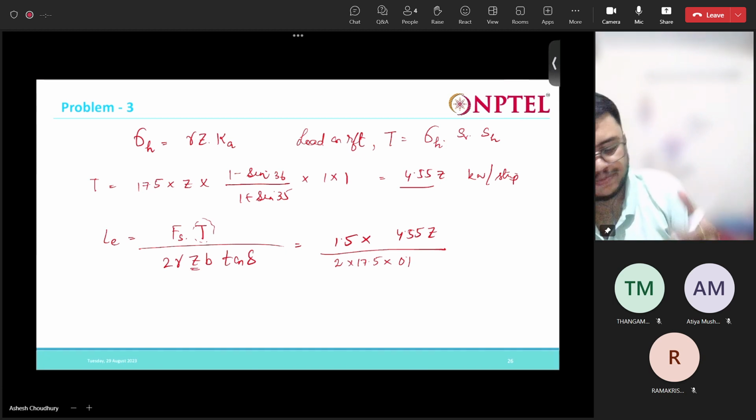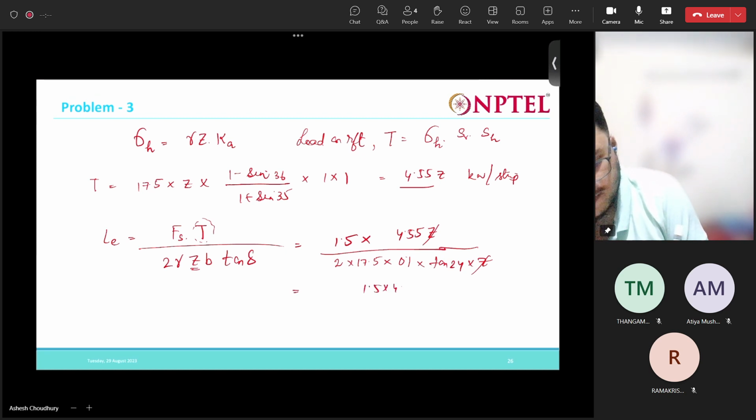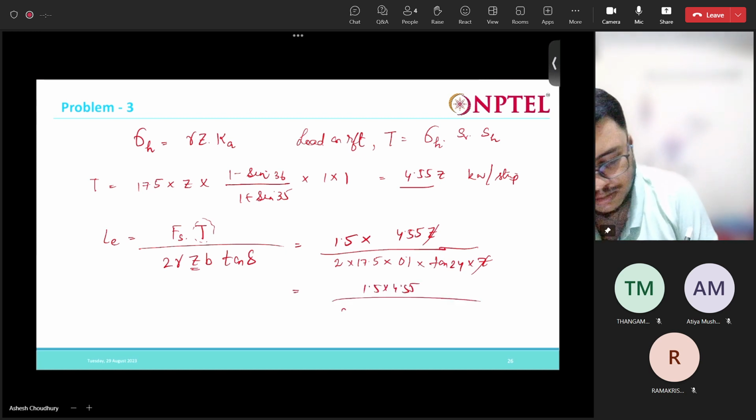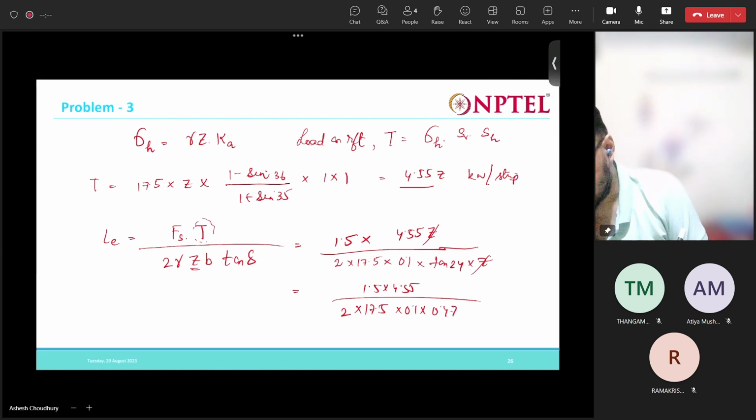B is the width, 100 mm, means 0.1, into 10, which gives 1024 into Z. So Z will cancel out. 1.5 into 4.55, over 2 into 17.5 into 0.1 into 0.47. So LE will come out as 4.14 meter.